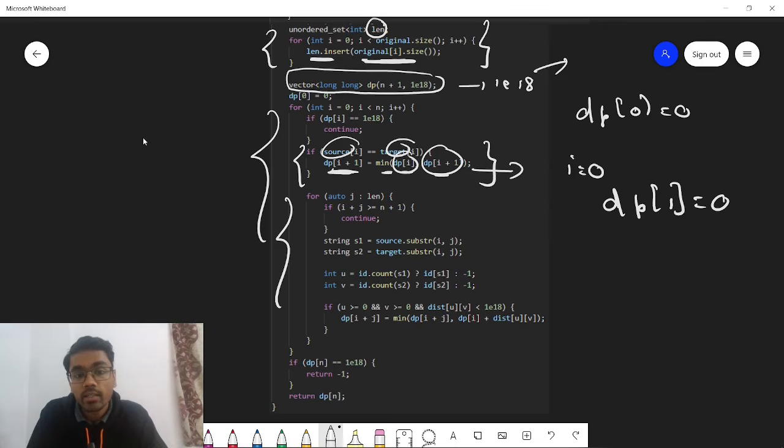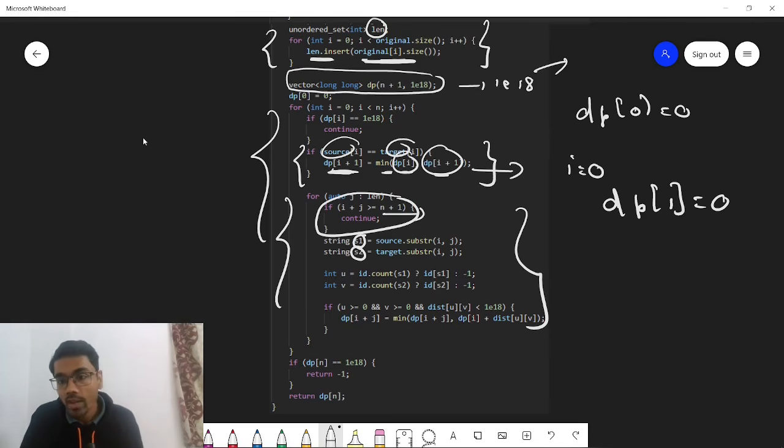Now we are checking each and every possible substring whose length is unique in the original array. If i plus j is going out of bound, then no substring is possible, so just continue. Otherwise, whatever substring we are choosing, extract it from the source string and from the target string. So we are extracting the substring of length j from position i from both the source string and target string.